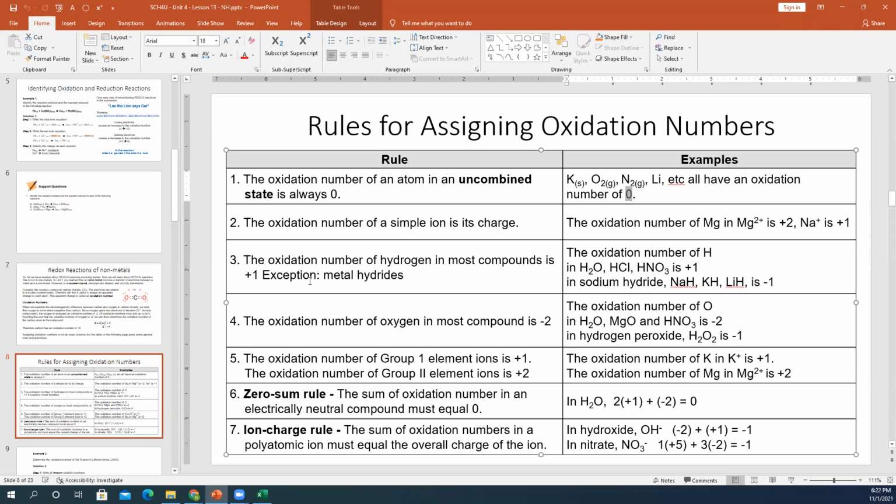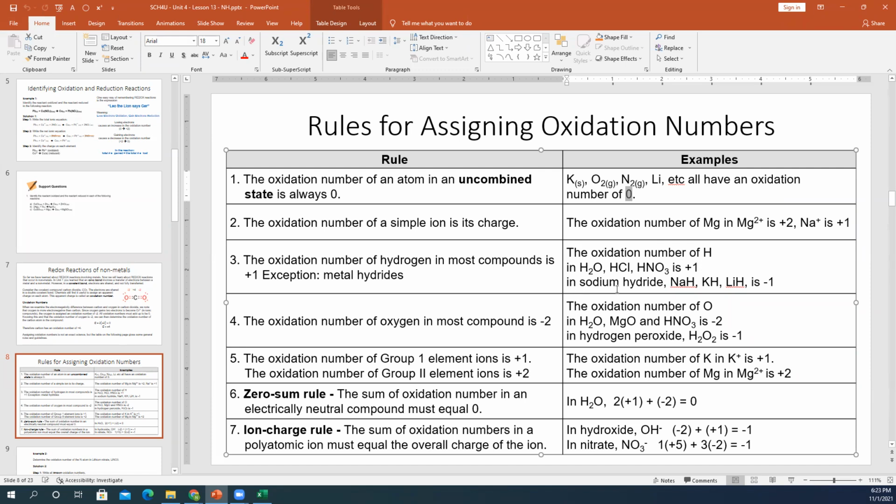The third rule is that the oxidation number of hydrogen in most compounds is +1, except in metal hydrides. So the oxidation number of hydrogen in H2O, in HCl, in HNO3 would always be +1.